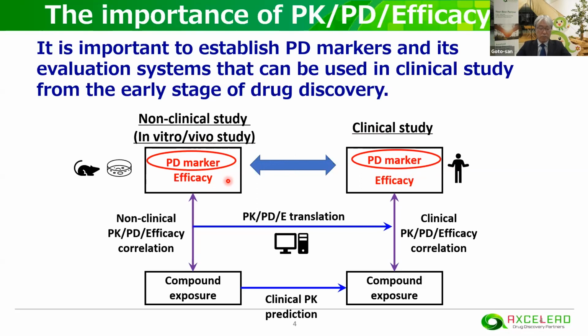Efficacy is also an important factor, but pursuing efficacy alone will not lead to successful drug discovery research. Unless we conduct the drug discovery research with awareness of efficacy and PD markers that lead to efficacy, we cannot confirm what is happening and what is linked to the drug efficacy. In other words, this PD marker selection is very important, and we believe that conducting drug discovery research using PD markers will increase the probability of clinical success.